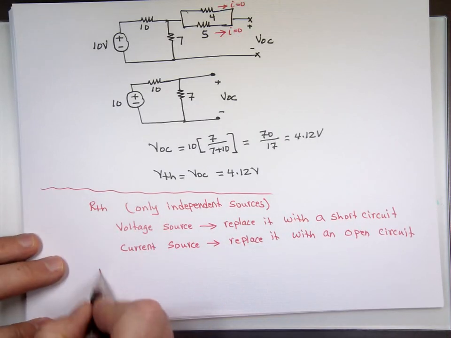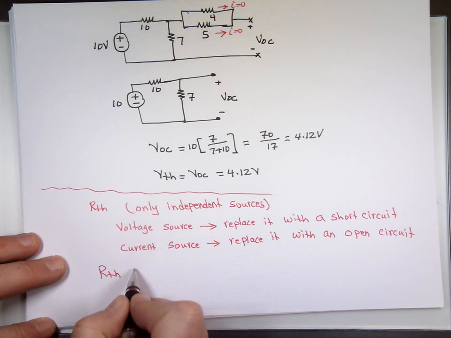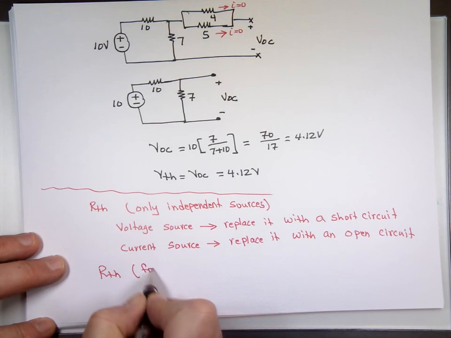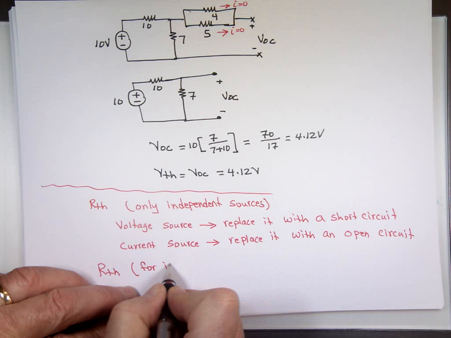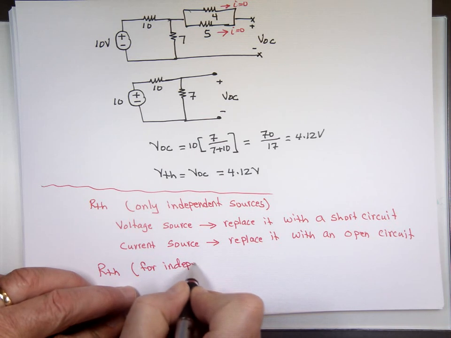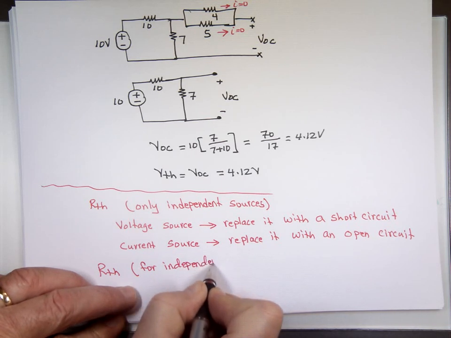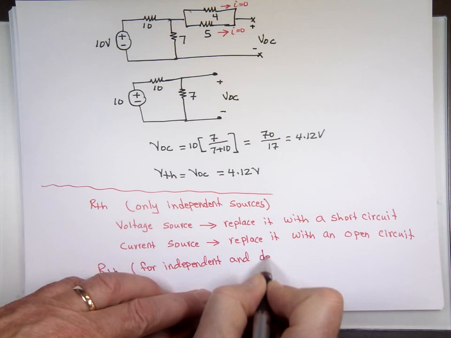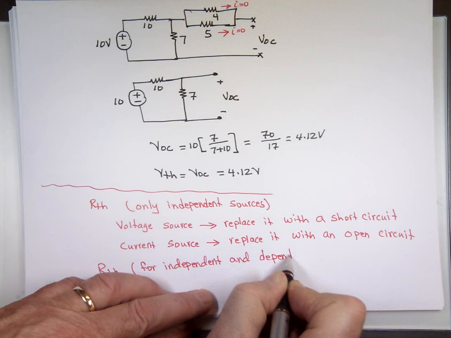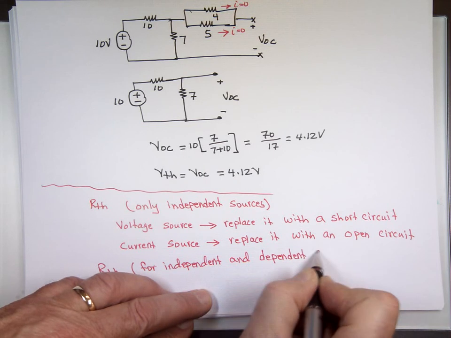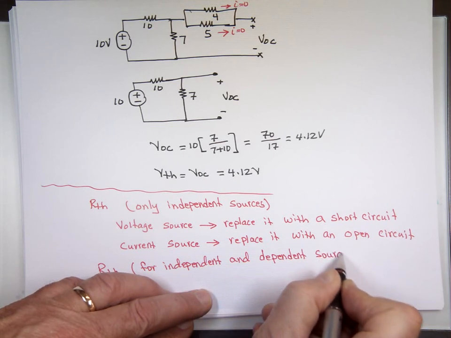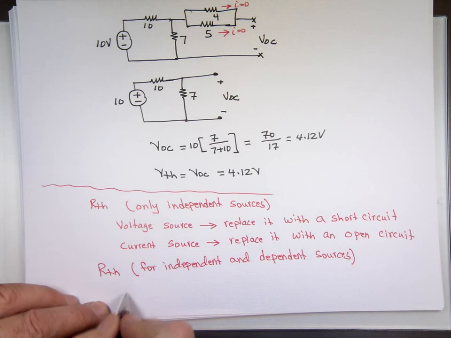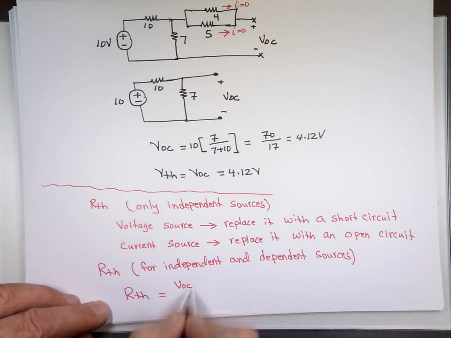For dependent sources, I'll put it there, I wasn't planning to. For independent and dependent sources, R Thevenin is equal to V open circuit over I short circuit.